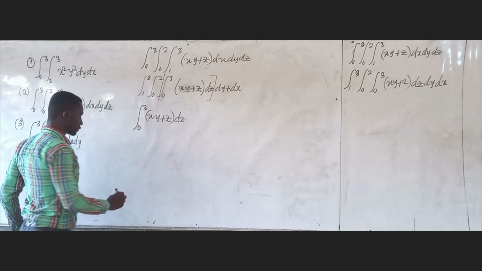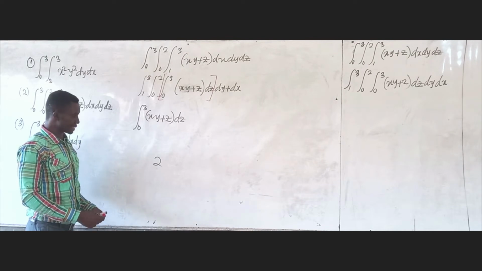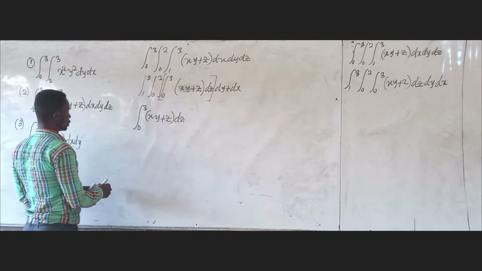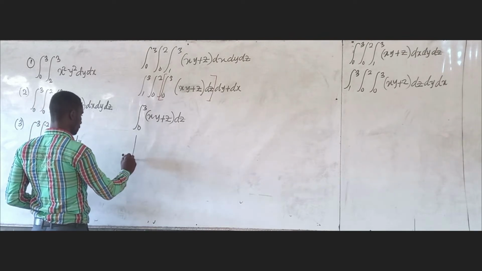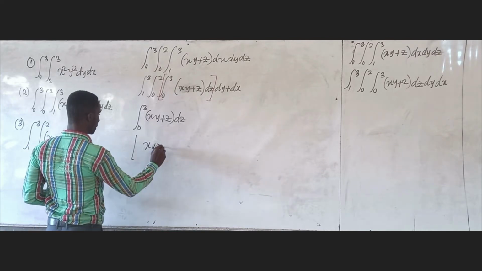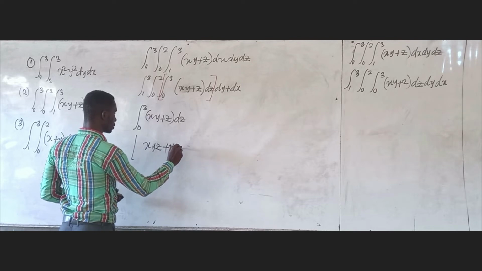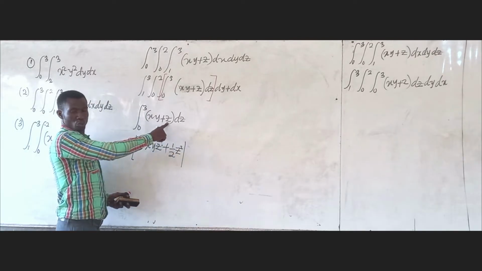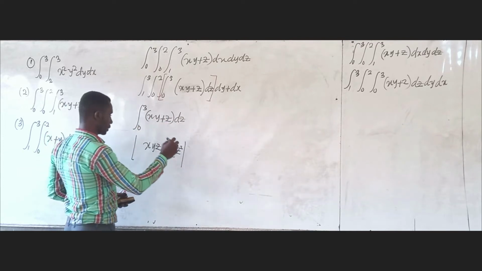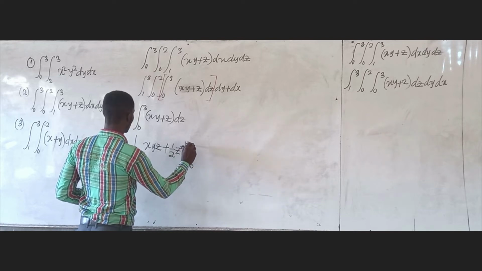If you integrate a constant, for example 2, it will give you 2x. So this will give me xyz plus 1 over 2 z squared, because you add 1 to the power and divide by the new power, with z from 0 to 3.